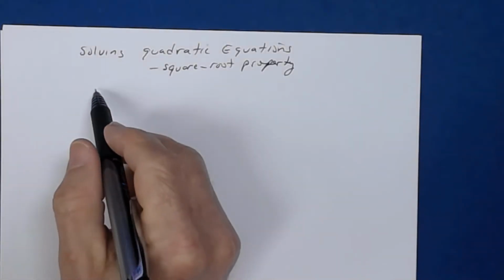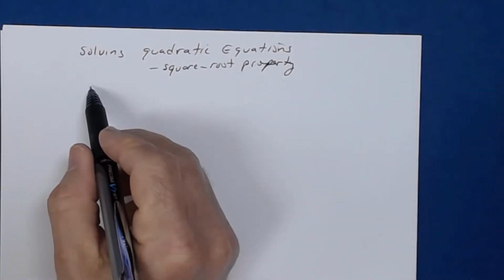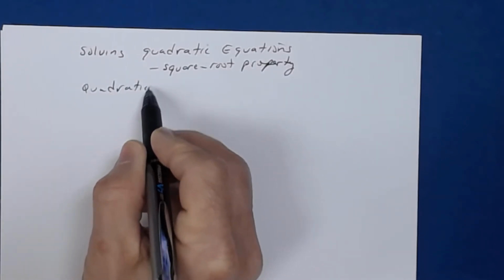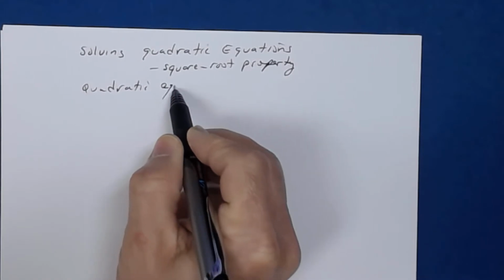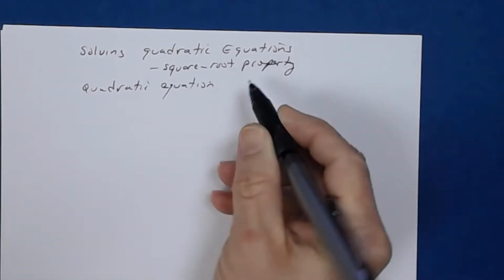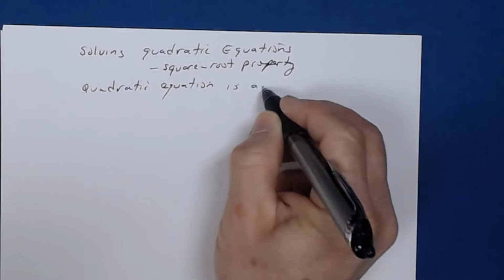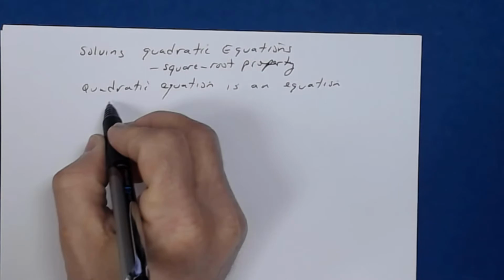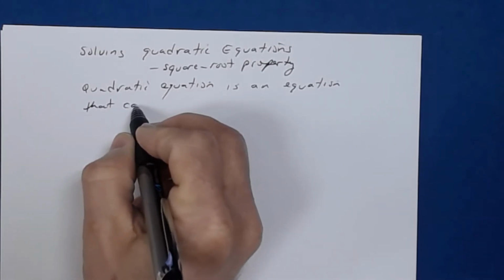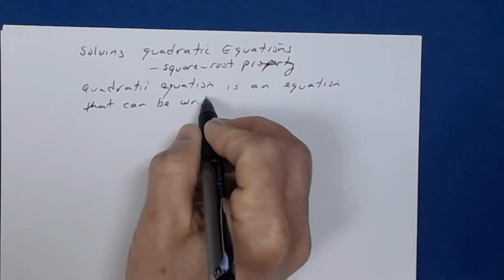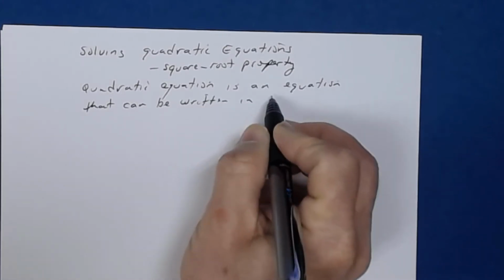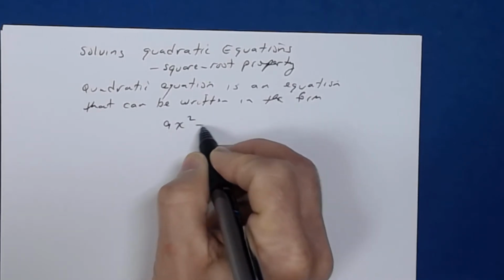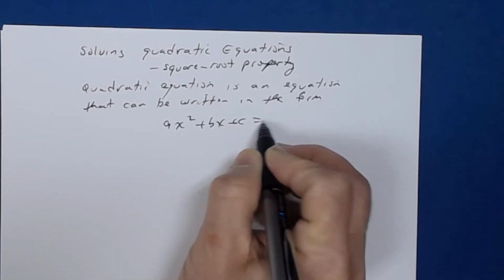In a previous lesson, you learned that a quadratic equation is an equation that can be written in the form ax squared plus bx plus c equals 0.